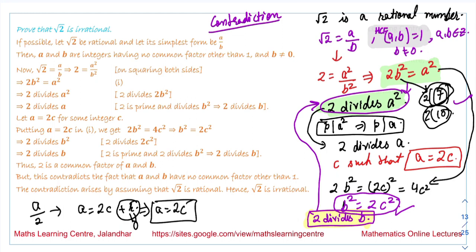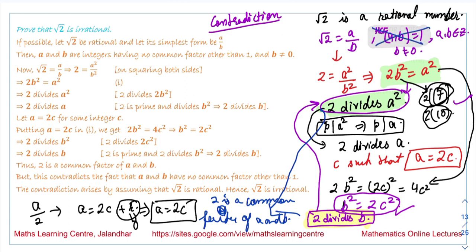From these two results we are saying that 2 is a common factor of a and b, so this thing cannot happen. This cannot be false because it is the definition of rational numbers. It means whatever we supposed over here, that root 2 is rational, is false.